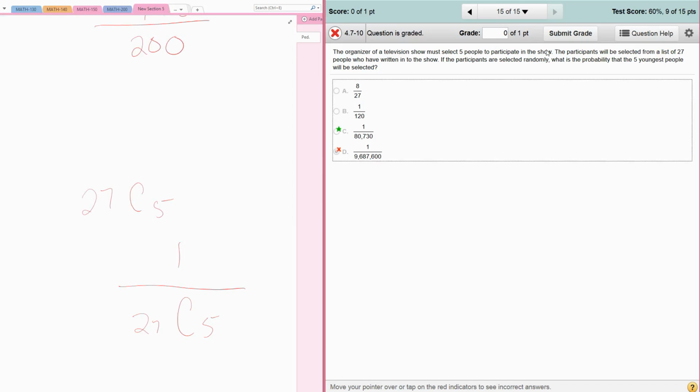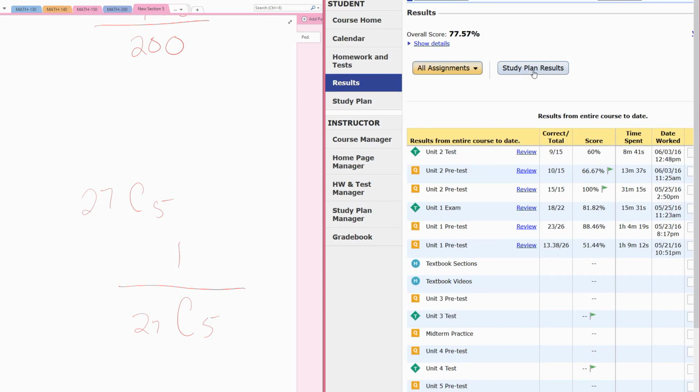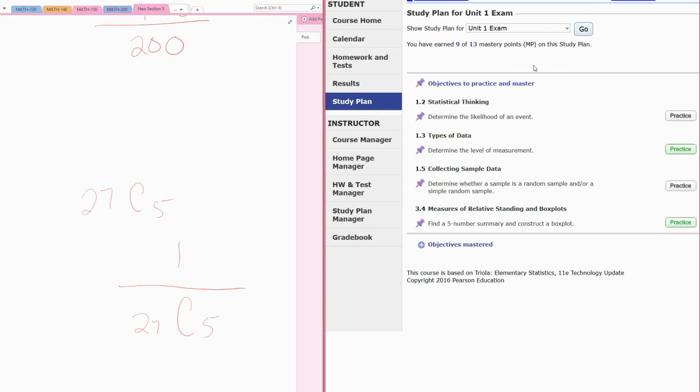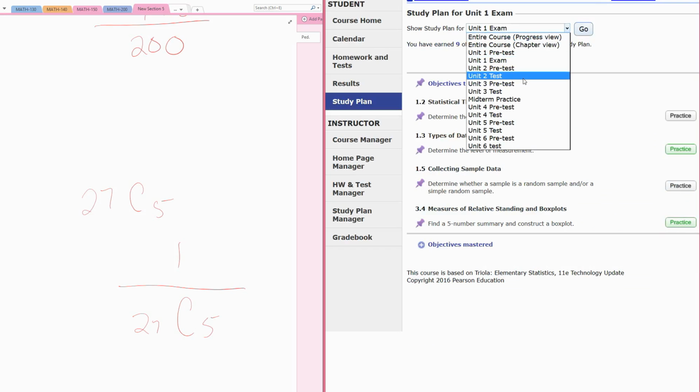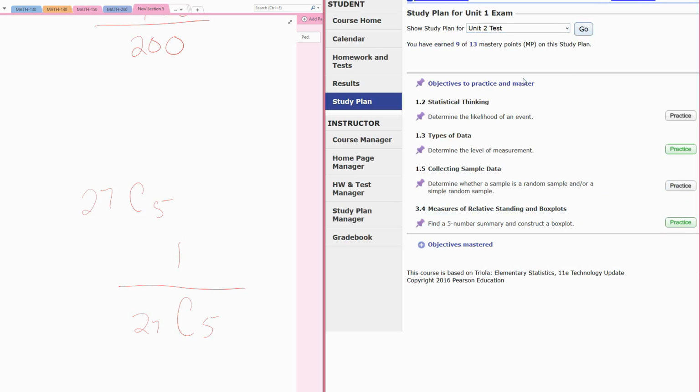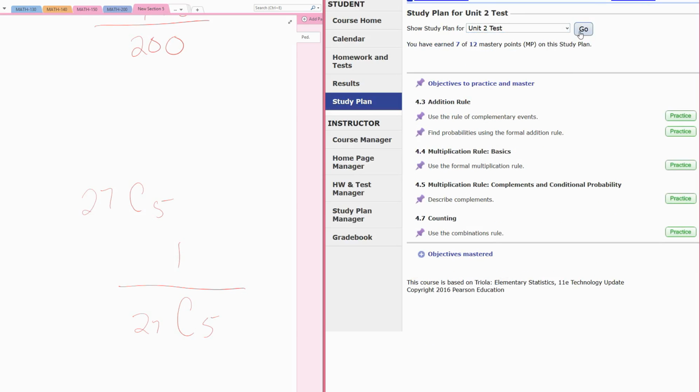The other thing you can do, since you took that test, it will update your study plan. And if you want more practice problems or more videos, if you go to study plan and go to Unit 2 test, you've earned 7 of the 12 mastery points. So that means out of the 12 little topics here, you did really well on 7 of them. And here are the 5 that you missed things on. Like combinations, that was the last one we just did. We talked a lot about complements.